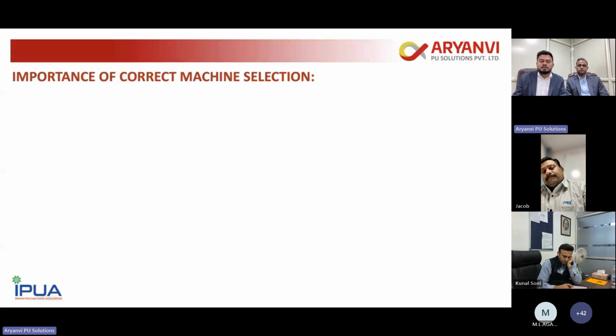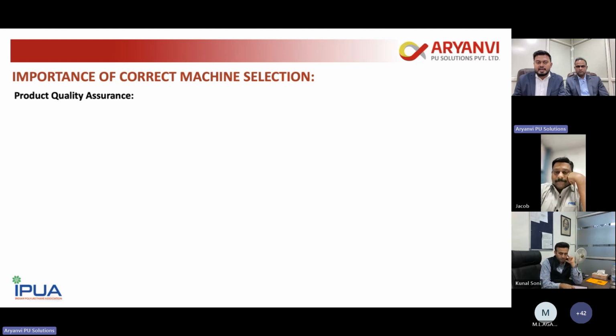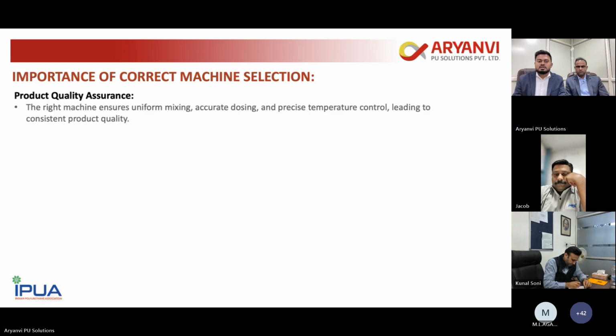Now the main point of our entire webinar: how to select the right machine for your application or your product. For this we need to consider multiple things, and why this is important is because if you select the right machine configuration based on your application, you will have a very good quality product.